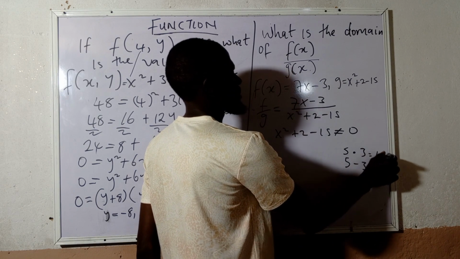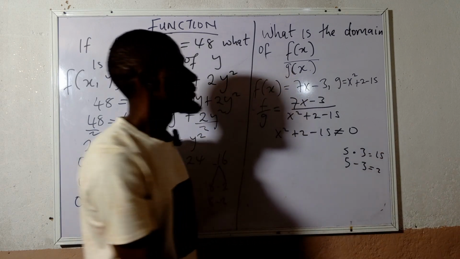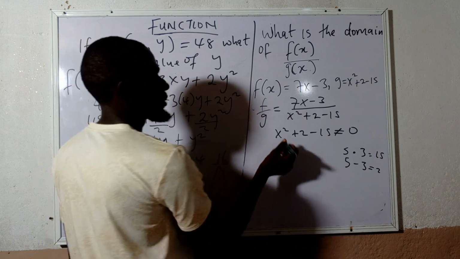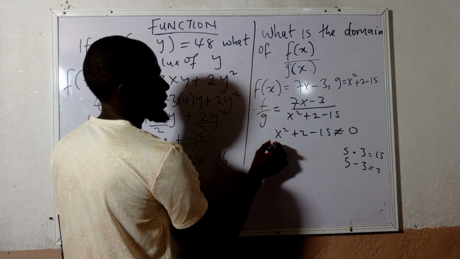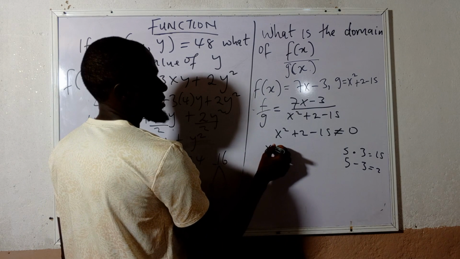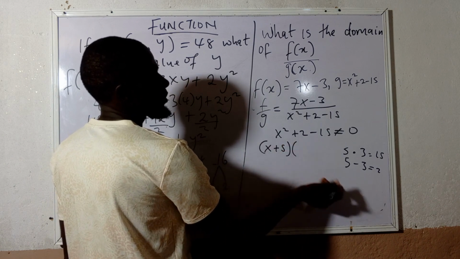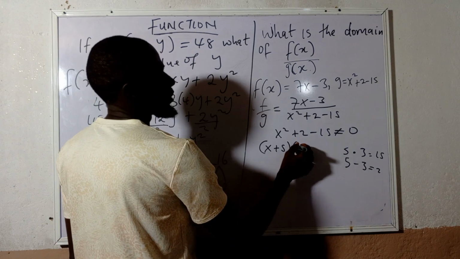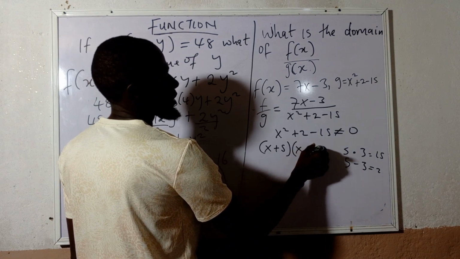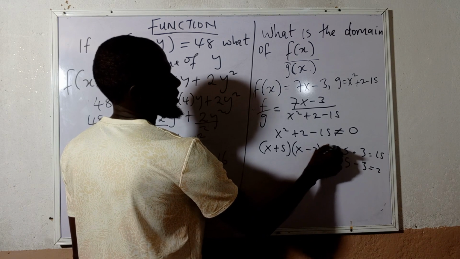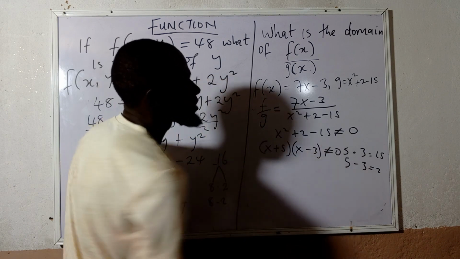The product of these is 15. Therefore, we can replace it with x plus 5 times x minus 3 is not equal to 0.